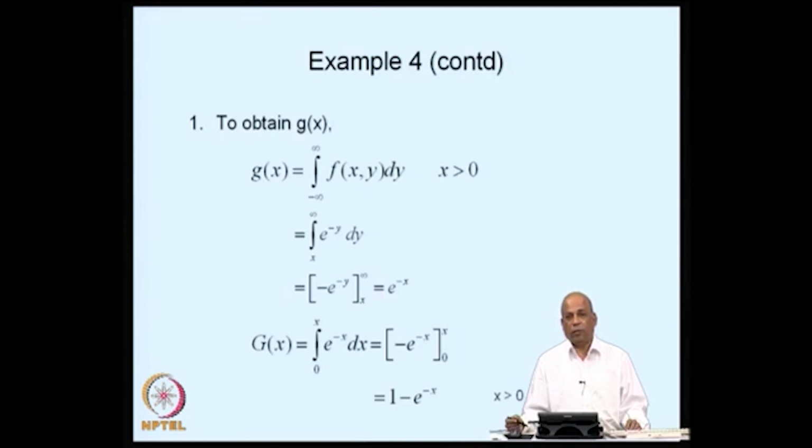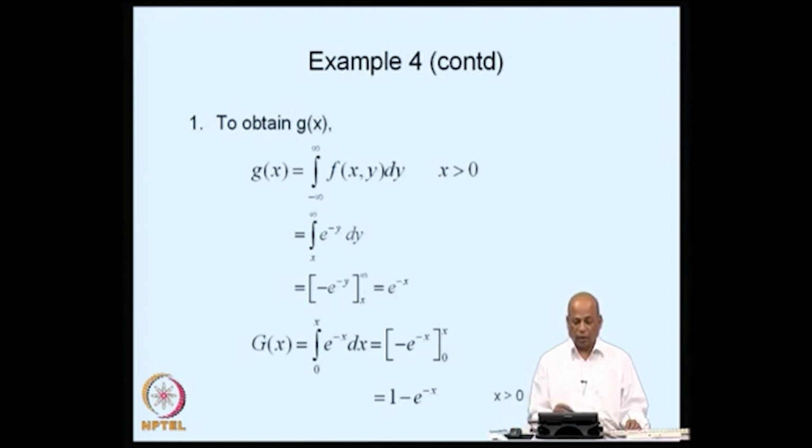So, to obtain g(x), what we do is we integrate over the entire region y. Because y is greater than or equal to x, the limits for y turn out to be x to infinity. So, from which we obtain g(x) as e to the power minus x, and this is the marginal density function of X.